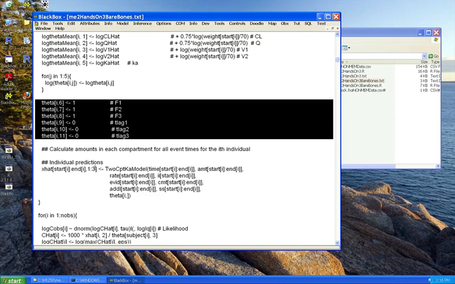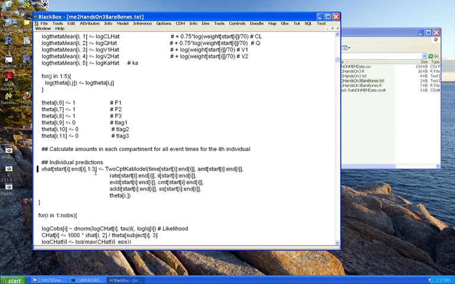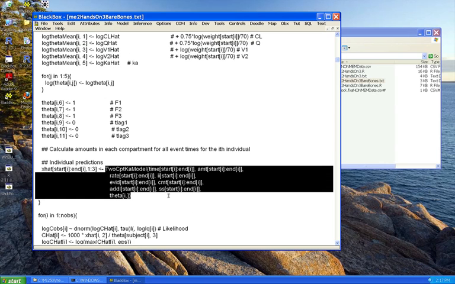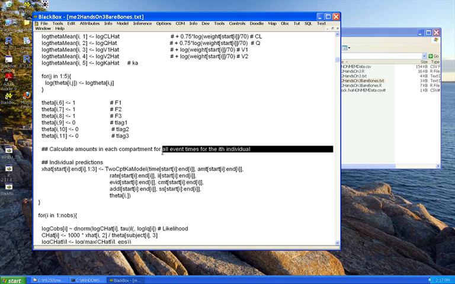And then finally down here is where we make the call to our BUGSModelLibrary function. And in this case, since we're not insisting on constraining each individual Ka to be greater than lambda 1, or lambda z if you prefer to call it that, instead of the 2CPT model, I'm using the 2CPT Ka model, which is the one defined in those terms.